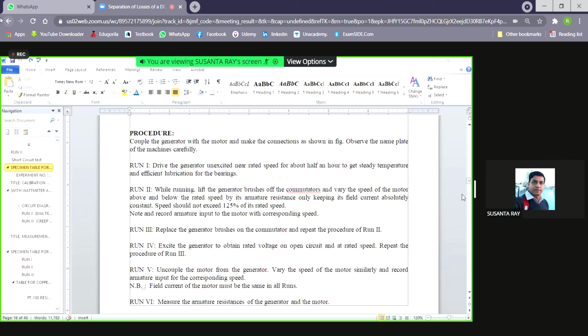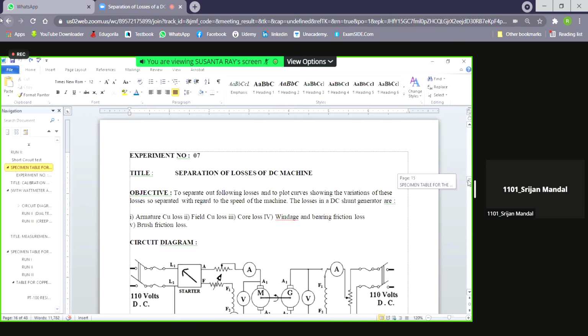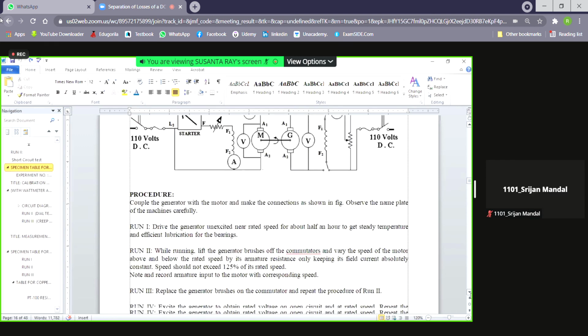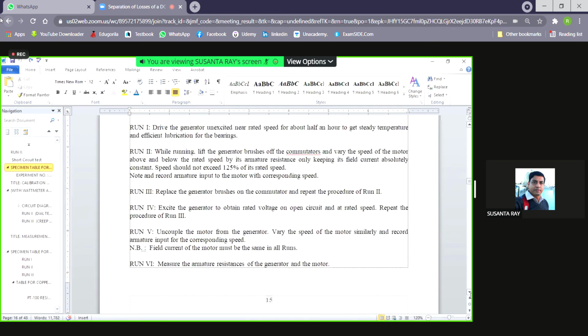What are the losses left? আর কি লস আছে দেখো? Windage loss and the bearing loss. Windage bearing loss মানে হচ্ছে it's a mechanical loss, isn't it? So now we have to first uncouple the motor and generator to find out that mechanical losses.